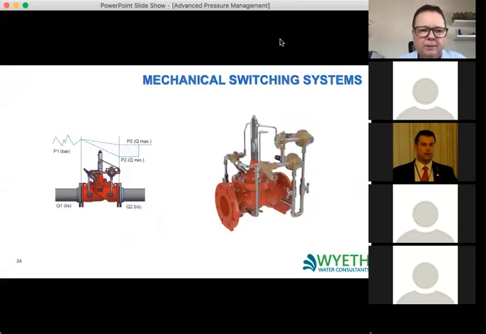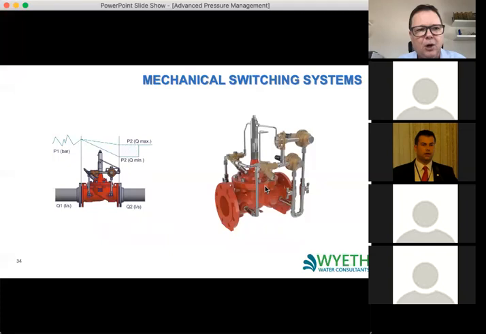This is another one, which I'm not 100% clear on, but it also has a high pressure pilot and a low pressure pilot. It doesn't have an orifice plate this time, so if people are worried about the 1 meter head loss across the orifice plate that's created during the peak demand, I think this one works using this device on the top, and it's actually based on the opening of the valve.